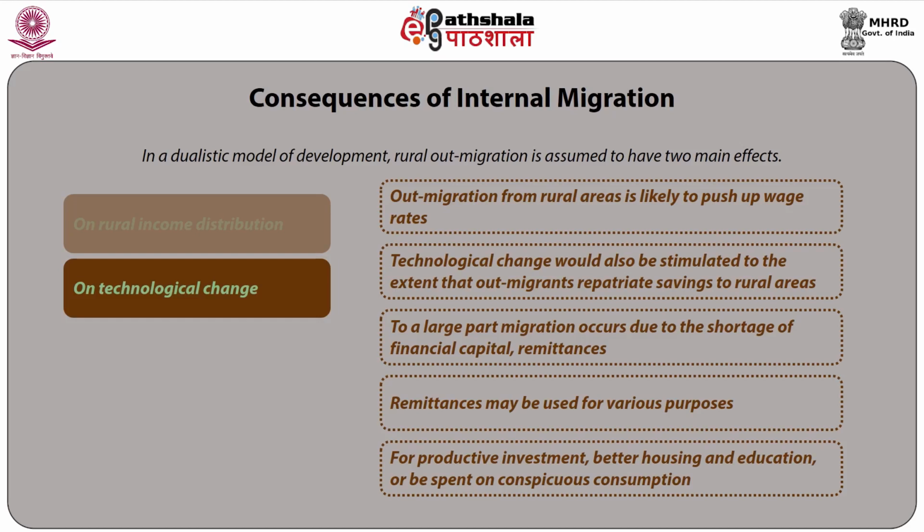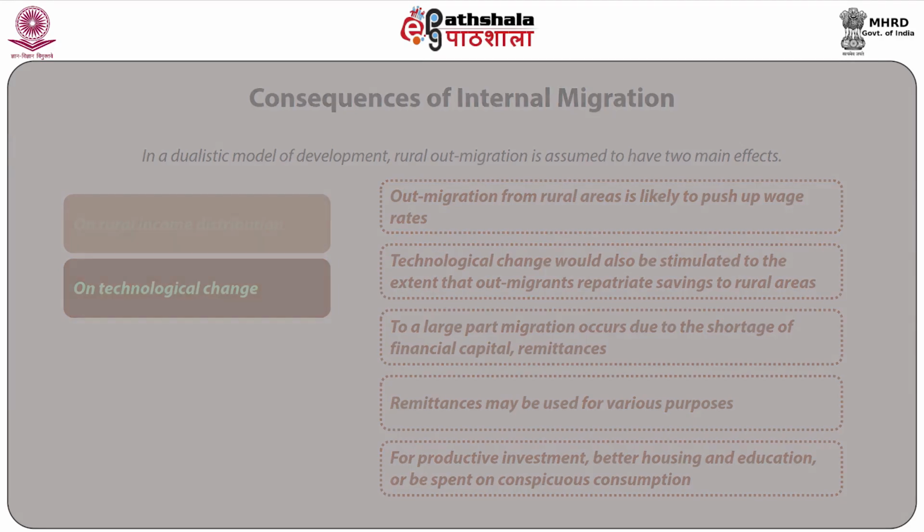Remittances may be used for various purposes, such as for productive investment, better housing and education, or be spent on conspicuous consumption. In addition, the full effects of remittances on capital formation in rural areas will depend on their size and frequency. Coming to consequences on urban areas.